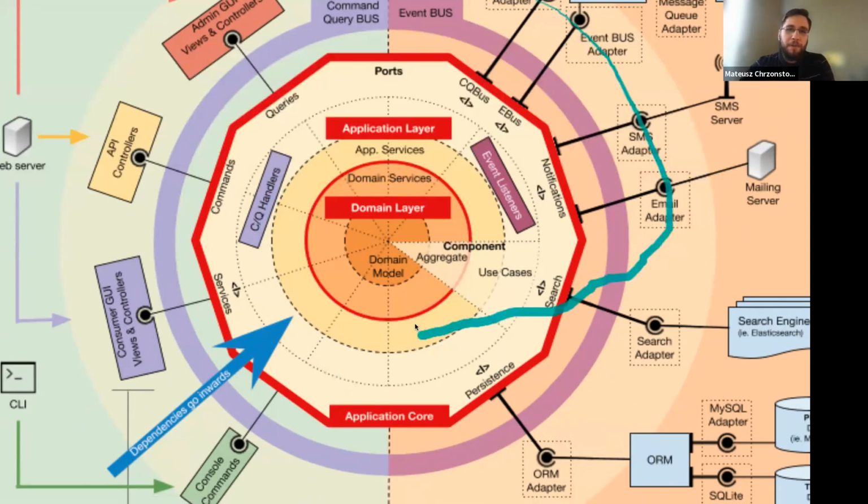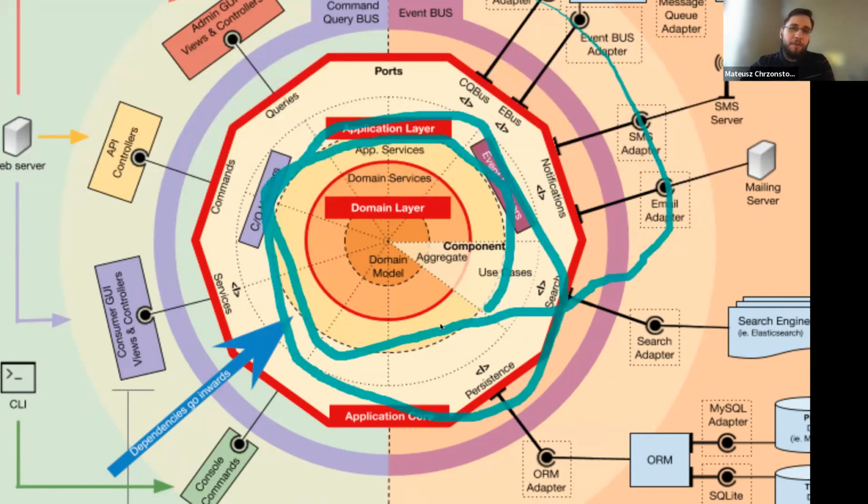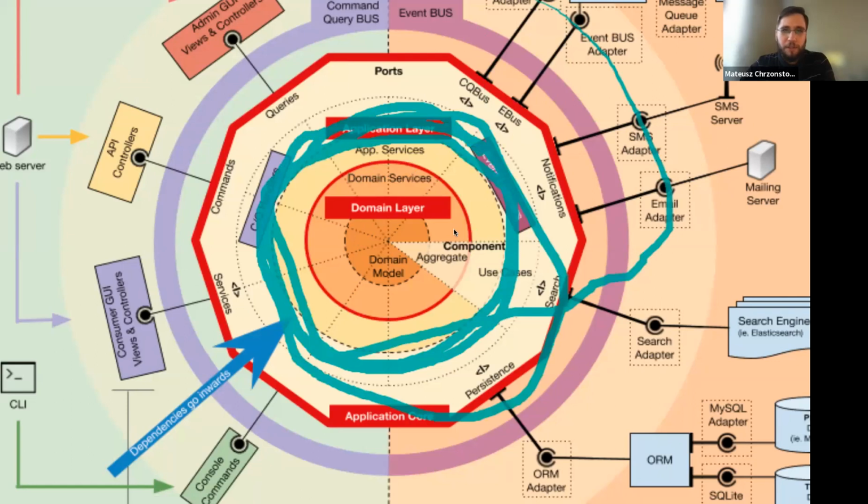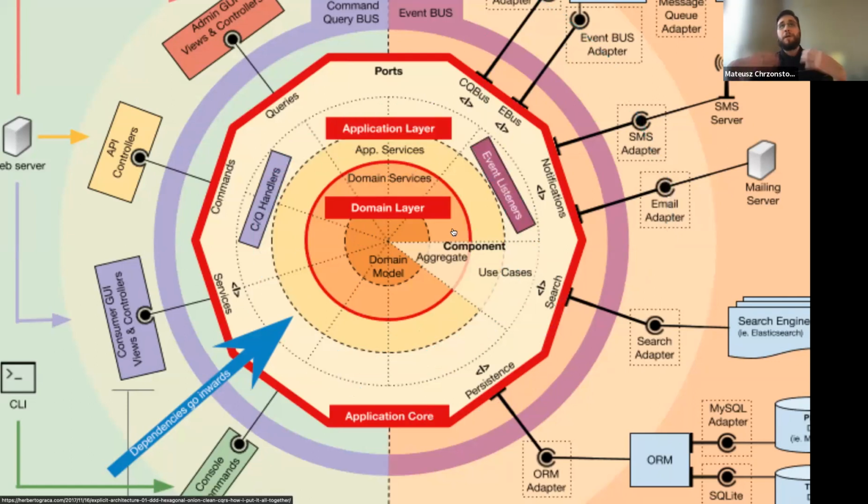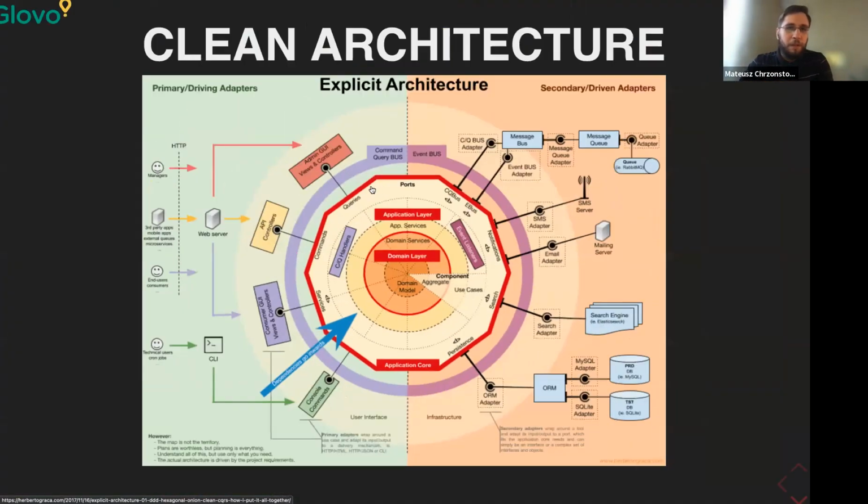So we wrap this center with application layers, with command handlers, user scenarios, use cases, call it as you want. It can even be user stories. And then around user stories, we can plug our ports and adapters.